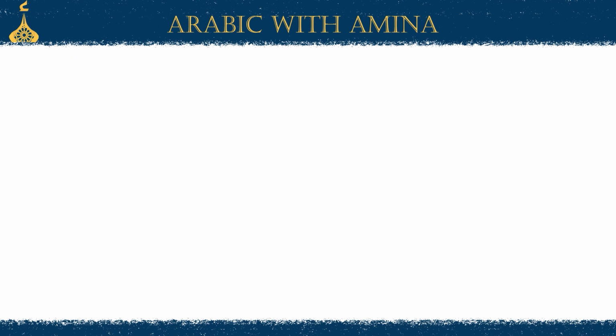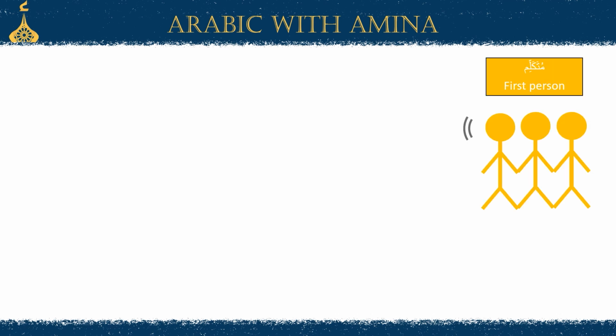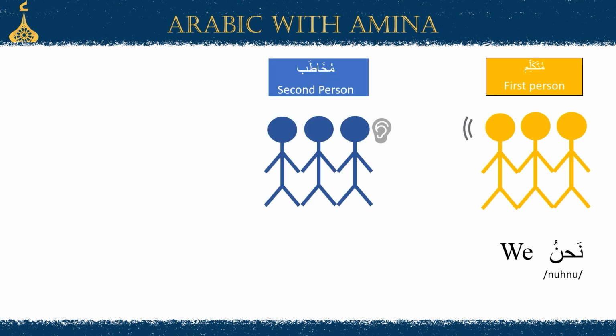Now to talk about the plural pronouns, meaning we are using three or more people, the first person would be, in English, we would say we, which in Arabic, again, is nahnu. The plural second person, where we're talking to three people, depends on the gender. Are we talking to a group of males or are we talking to a group of females? In English, we would simply say you, and it would be implied that we are talking in the plural form.